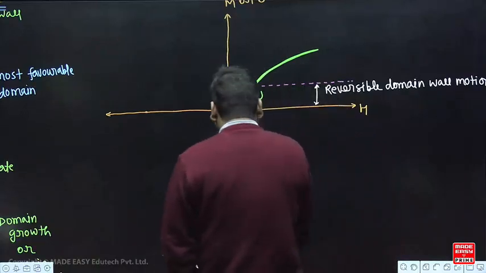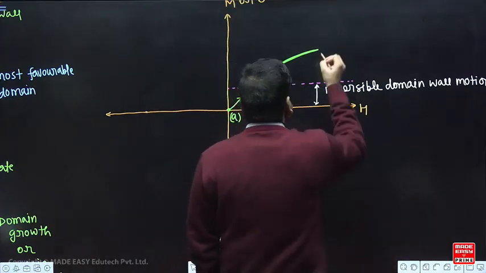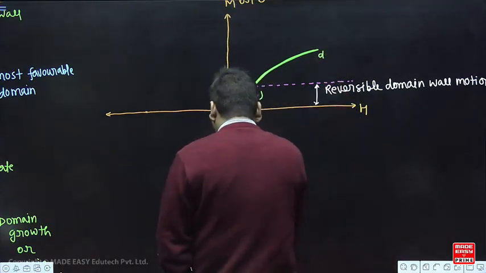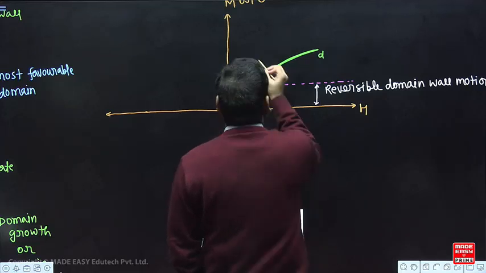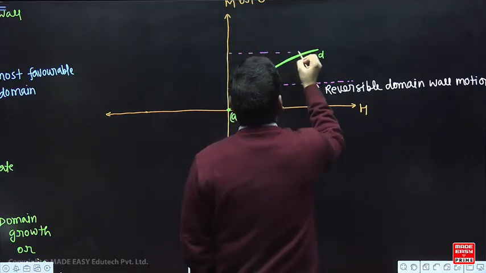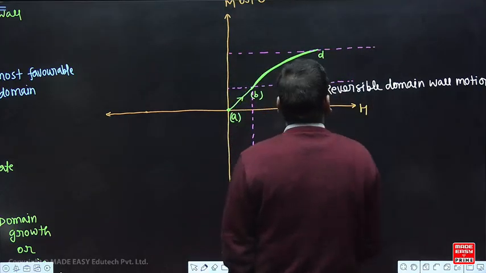So let us suppose this is our point D, and here we have got the single domain state.